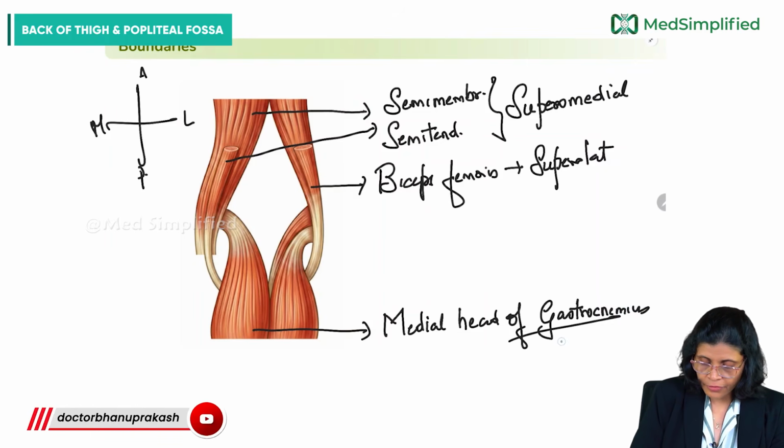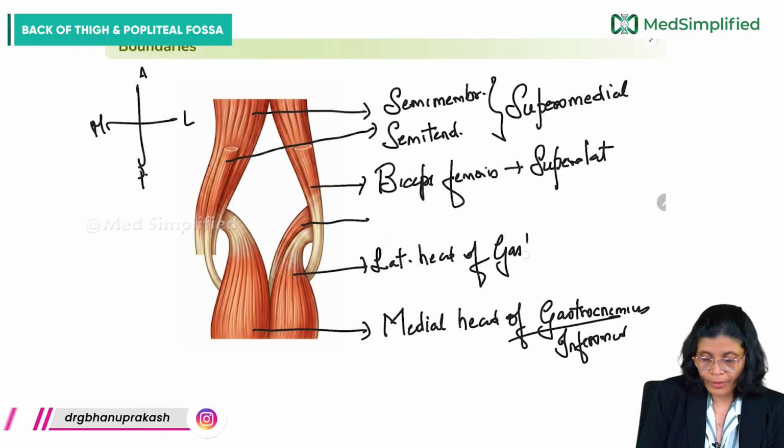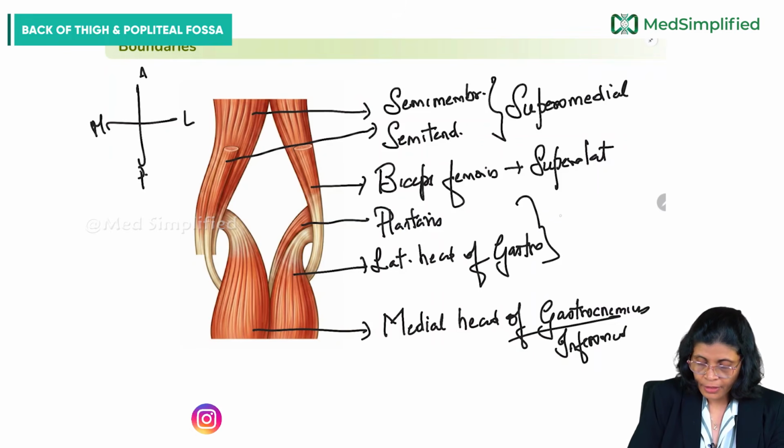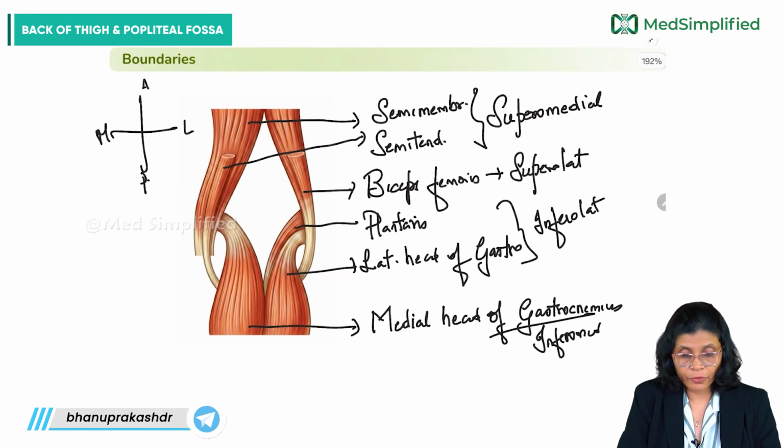This is the inferior-medial boundary, and inferior-laterally we have the lateral head of gastrocnemius, which is supplemented by the plantaris. These 2 form the inferior-lateral boundaries. So these are the boundaries of the popliteal fossa.